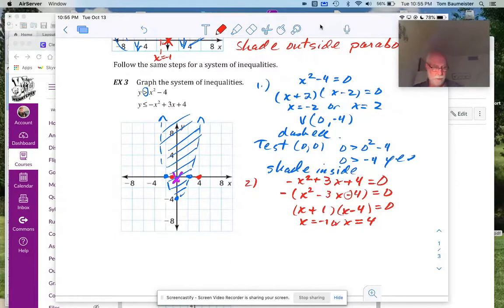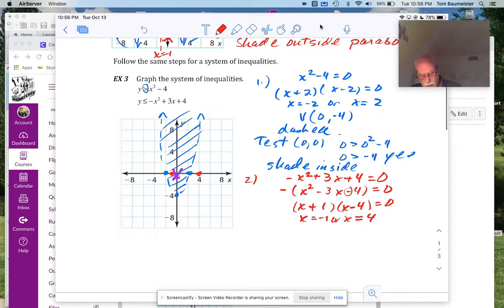Remember, now since I use the x-intercepts, I can say that the axis of symmetry is going to be the average, so negative 1 plus 4 divided by 2, or 1.5. And when I take f of 1.5, I will get 6.25.